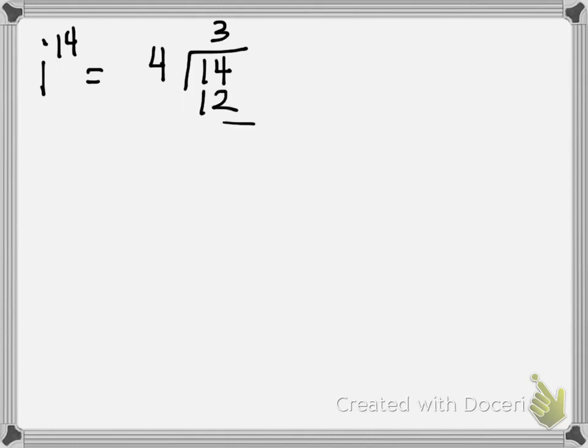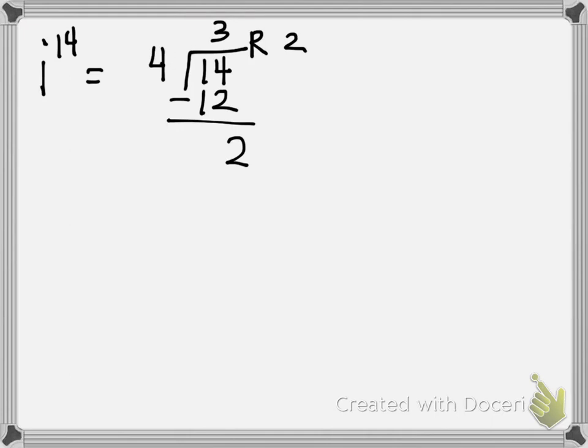Let me show you some examples. So what if you had i to the 14th? This is how you figure it out. Because the pattern is a pattern of 4, you divide by 4. So 4 goes into 14 3 times. That's 12. Then you subtract and you get 2. So remainder 2. Really all you care about is the remainder 2.